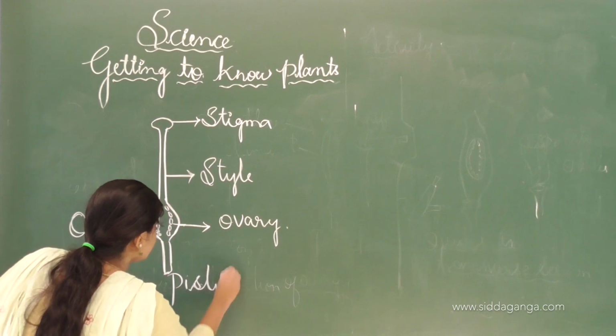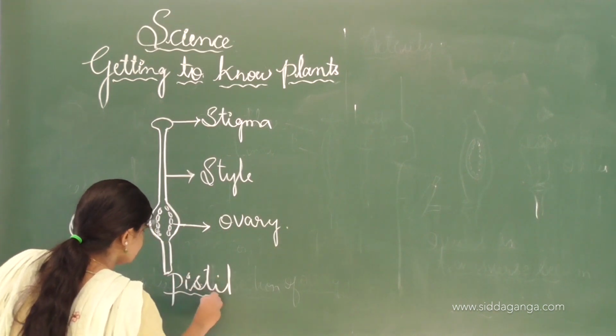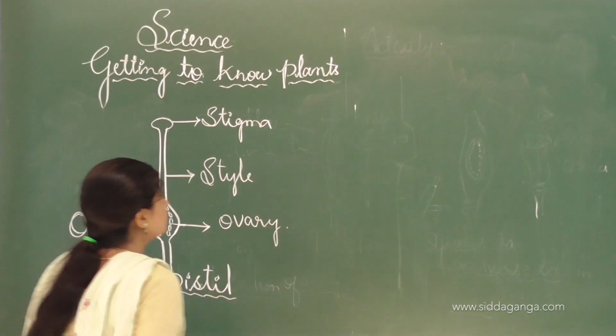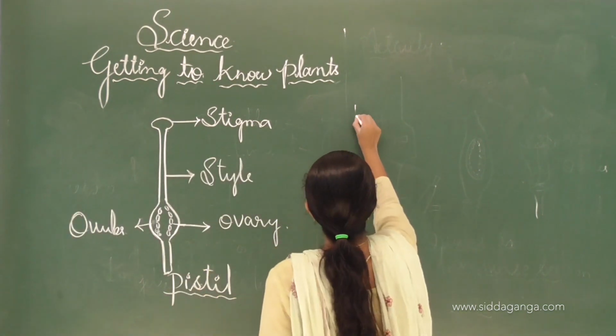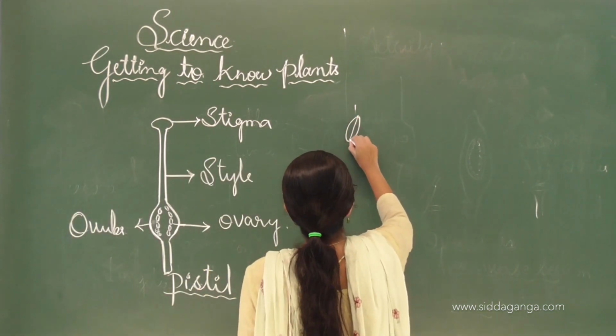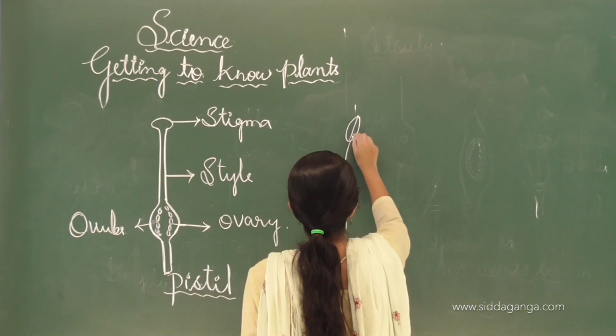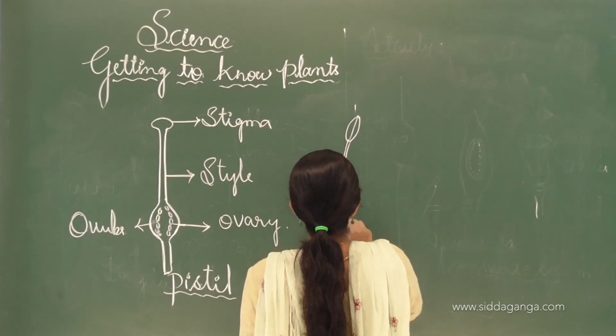This is the diagram of a pistil, and here consider this is the stamen.